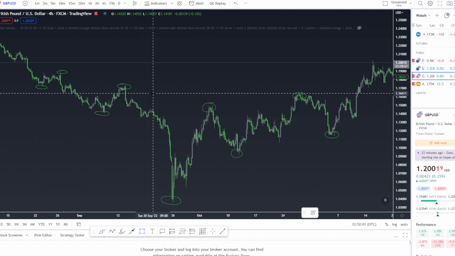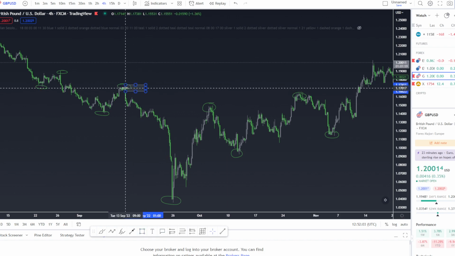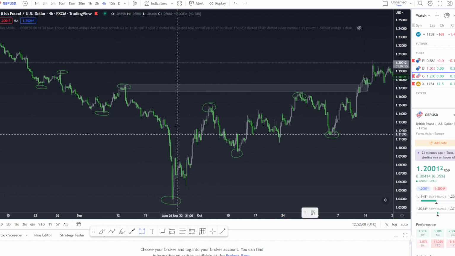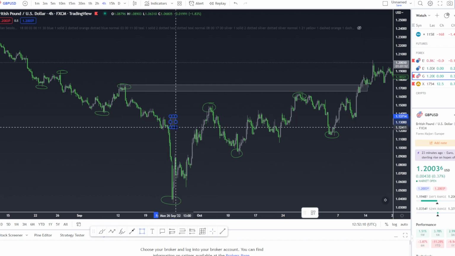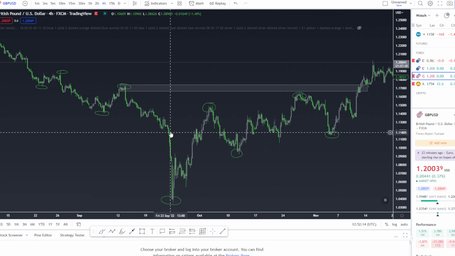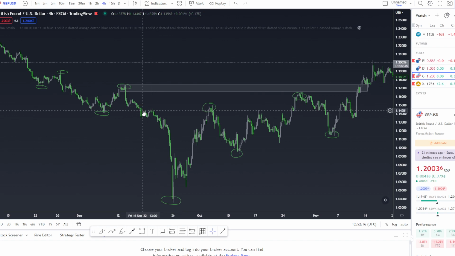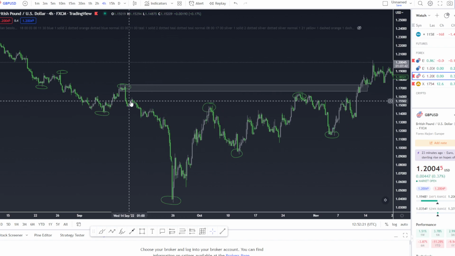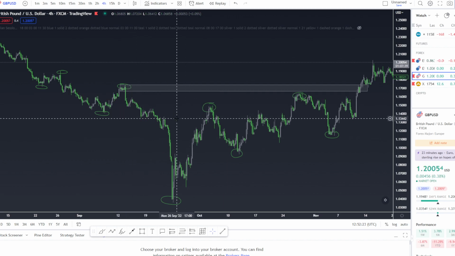Maybe you were looking for sells out of this extreme order block all the way up here, or maybe just out of this order block right here. If you were looking for sells out of one of these order blocks, you would have got stopped out. And then you probably would have been looking for sells out of a more extreme zone, like this one up here.